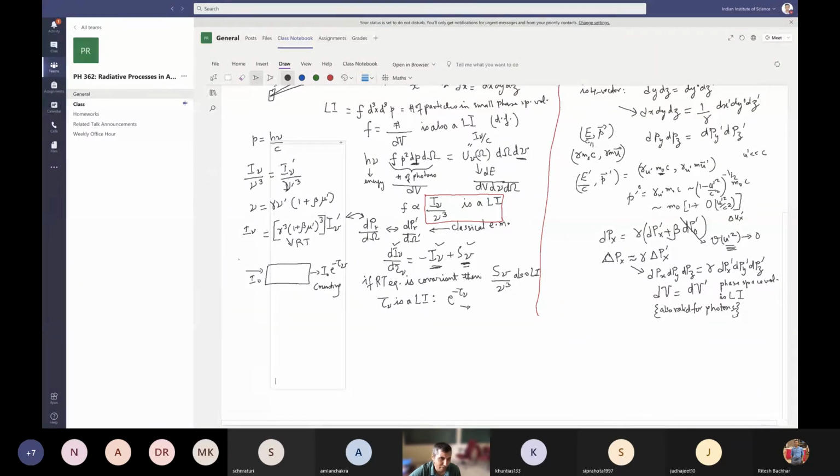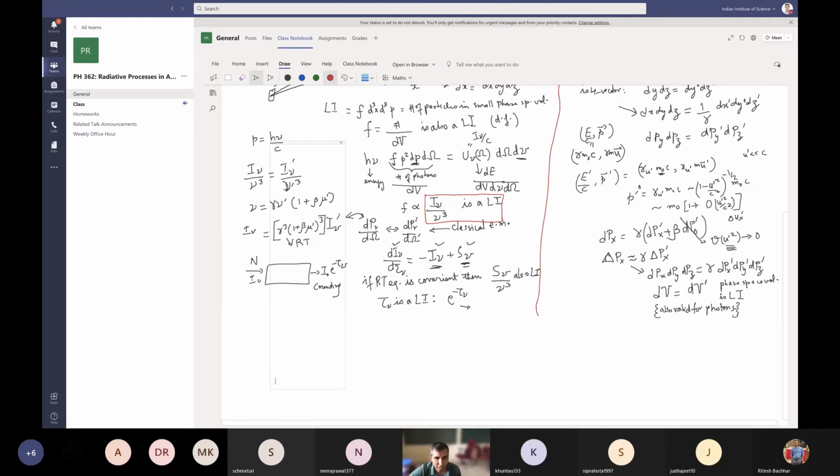You have some n photons here, out of them only n times e to the minus tau nu appear. So the ratio of what comes out and what goes in is just a ratio, and it has to be a Lorentz invariant. So it also makes sense that tau nu is a Lorentz invariant.